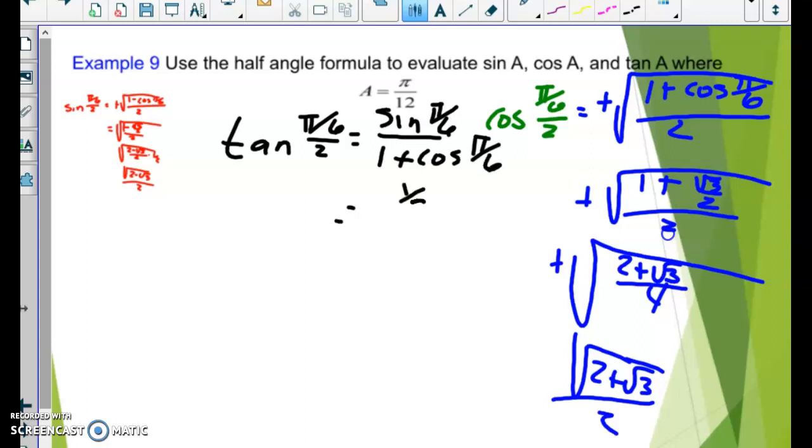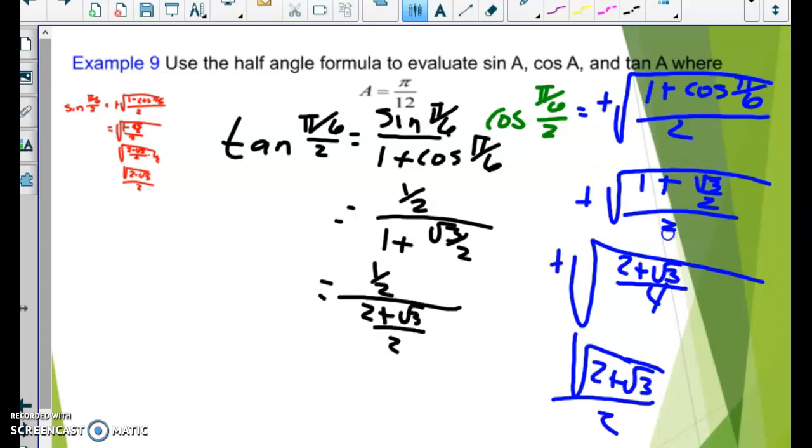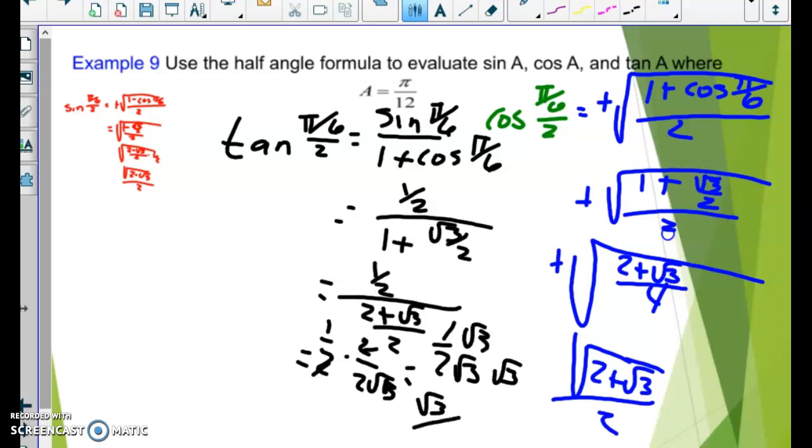We know the sine is a half, cosine is root 3 over 2. I'm going to get a common denominator on the bottom, so 2 plus root 3 over 2. And then I'm going to say 1/2 times the reciprocal. And I get 1 over 2 root 3. And just for the fun of it, rationalize it. I get the square root of 3 over 6.